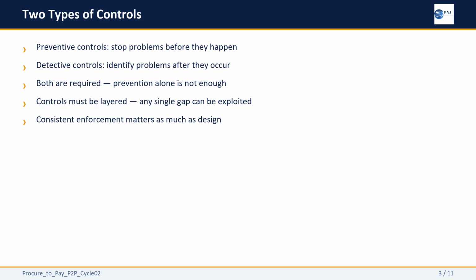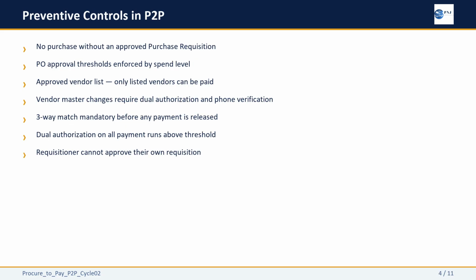A business that has strong preventive controls but no detective controls will not discover when those preventive controls fail. A business that relies only on detective controls is accepting that problems will occur and hoping to catch them early. The goal is a layered control environment where each control reinforces the others, so that any single failure has a backup.